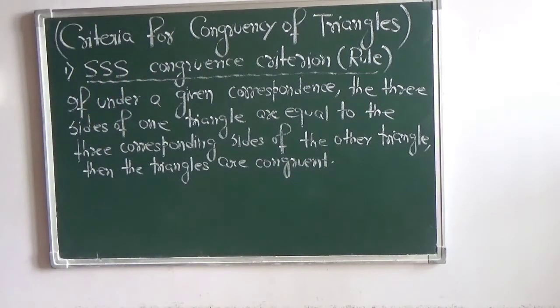So note it down, if under a given correspondence the three sides of one triangle are equal to the three corresponding sides of the other triangle, then the triangles are congruent.